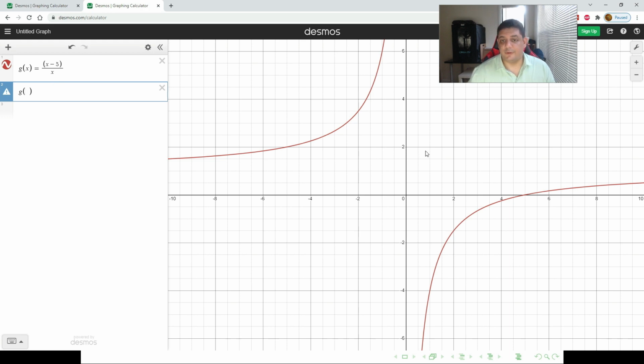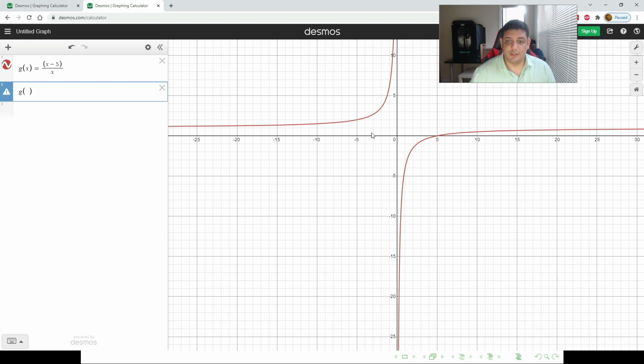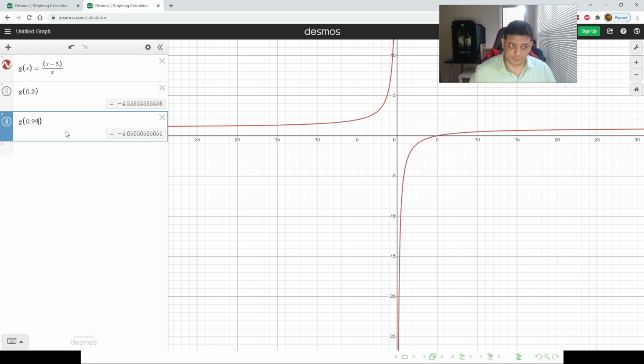You can see from the graph right away that probably the left side is going to go to infinity and the right side is going to go to minus infinity. Let's check that out by using, let's say, 0.9, and now 0.99. Well, this is actually getting closer to 1, not to 0. So let's say 0.05, which actually is getting closer to 0 now.